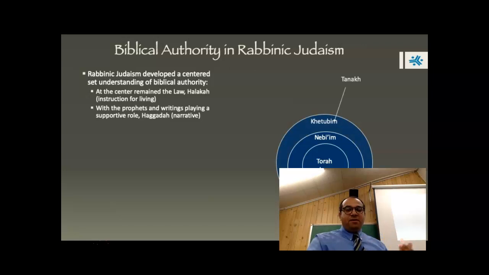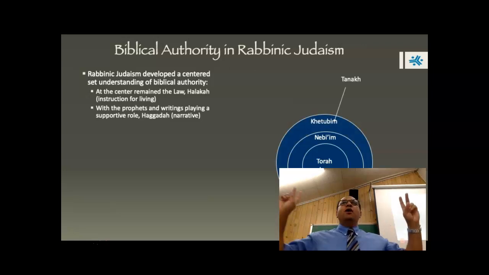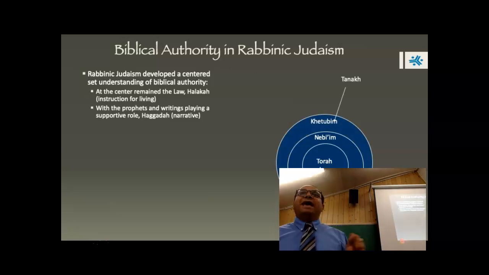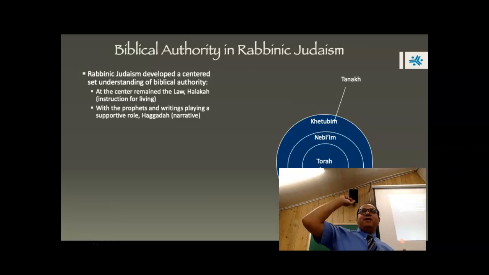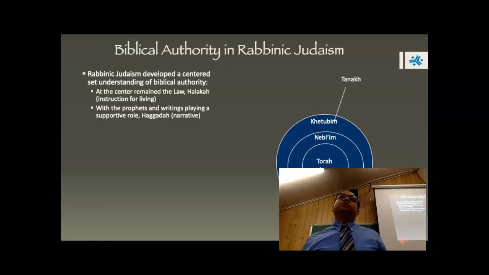Then you have the Ketuvim, the writings, which gives you what is known in the Jewish tradition as the Tanakh. Tanakh is another way of saying the Hebrew Bible. T for Torah, N for Nevi'im, and K for Ketuvim. That's the word that some Jewish people use as a way of reference to the Hebrew Bible.